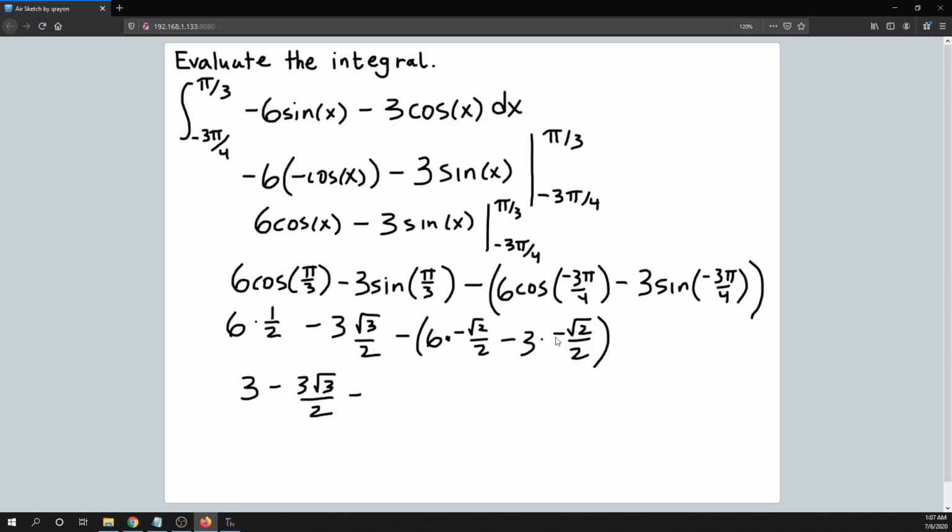Inside the parentheses, I have minus this 2 goes into that 6 3 times, right? So I have minus 3 root 2. And then here I'll have plus 3 root 2 over 2. Like that.